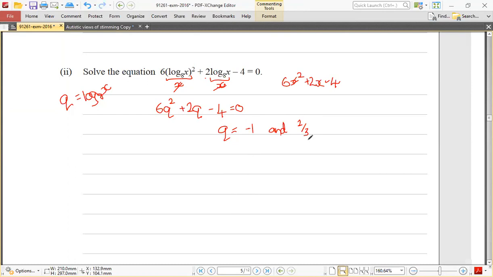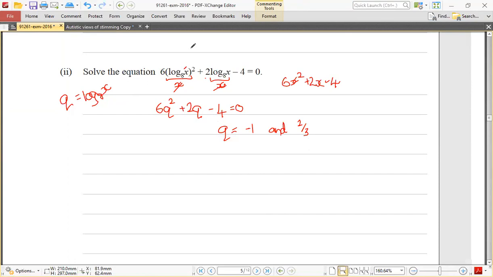Right. Now we know the values of q. How do we solve the equation? What's the next step? Do we just put it into the equation? Well, what we're trying to do is find the value of x. If we know there's two values of q, how can we find that value of x?